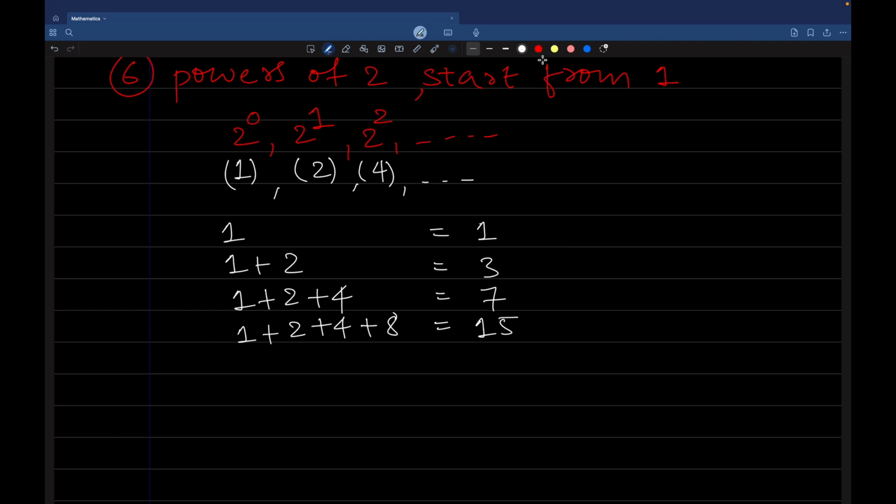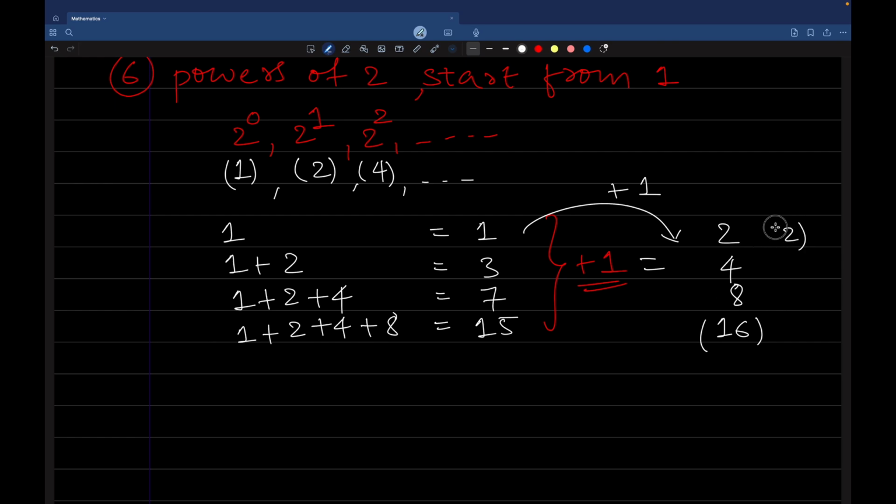Now the question says, add 1 in this sequence and what we get is 1 plus 1, that is 2, 3 plus 1, that is 4, 7 plus 1, that is 8, and 15 plus 1, that is 16. We get the powers of 2: 2 raised to 1, 2 raised to 2, 2 raised to 3, 2 raised to 4 and so on.